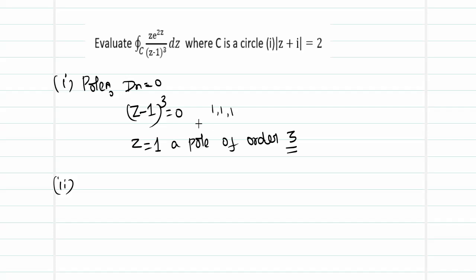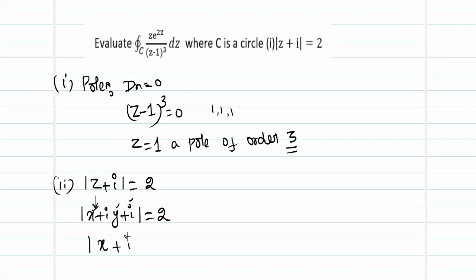So I need the boundary for the plotting. What is going to be the boundary? Mod z plus i equal to 2. So I have x plus iy, which is going to be my z, plus i equal to 2. Now combine the real part, and combine your imaginary part. So what will happen? I times (y plus 1) equal to 2.